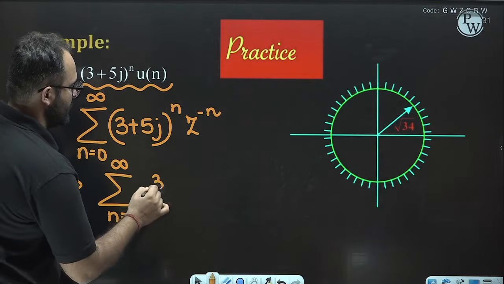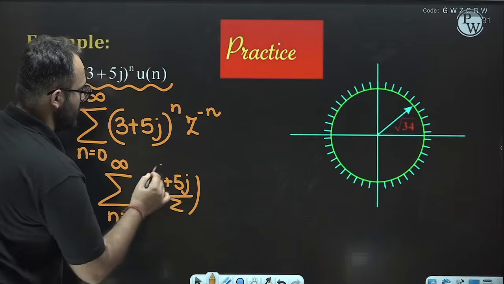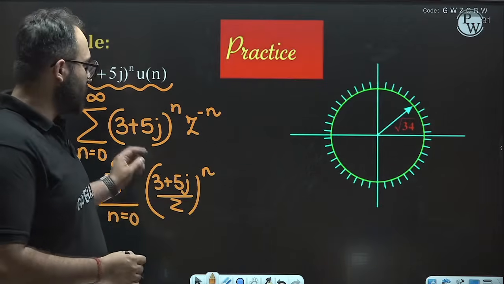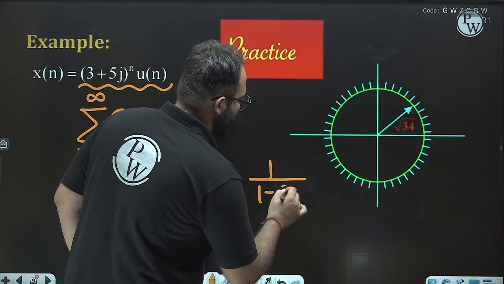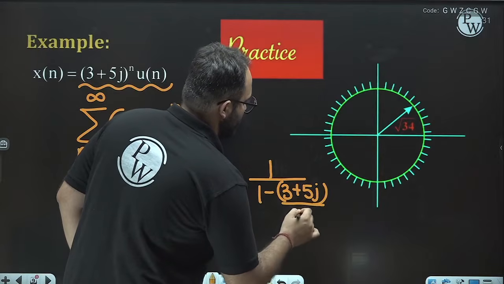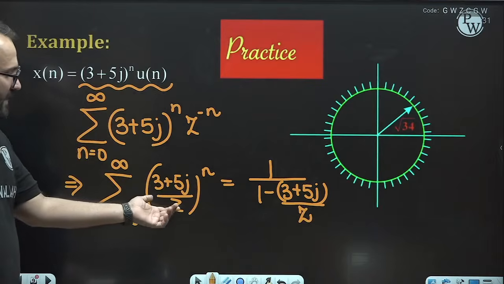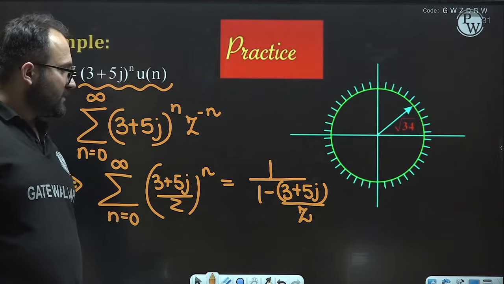So this will be (3 plus 5j upon z) to power n. If we apply the formula for alpha to power n going from 0 to infinity, the summation will be 1 upon 1 minus (3 plus 5j) upon z. Now here the condition is that the magnitude of this term has to be less than 1. So this is the Z transform.